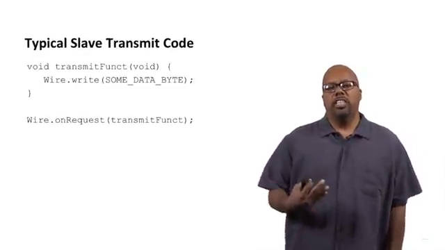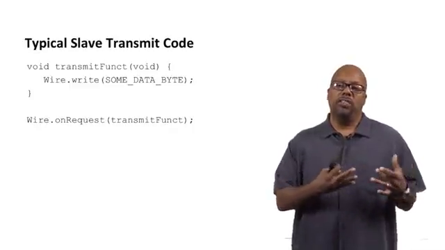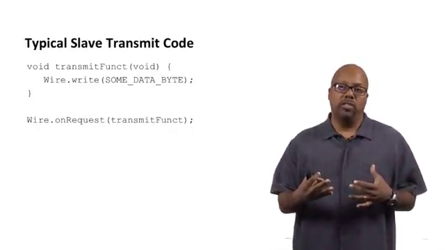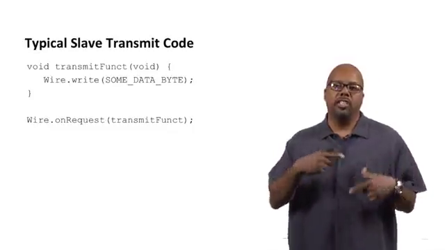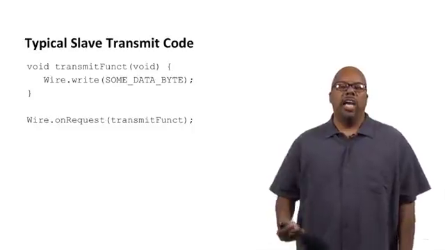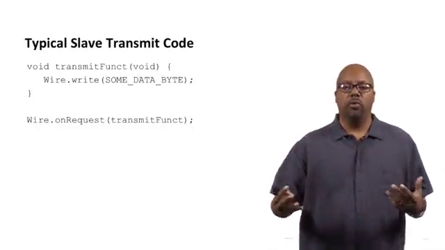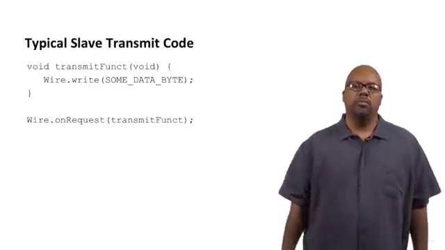Now, for transmission, let's say the slave, instead of receiving a write transaction request from the master, gets a read. If it gets a read, that means the slave now has to do the transmission, because the master is saying, give me this data. It's requesting data. So the slave has to do the transmission.